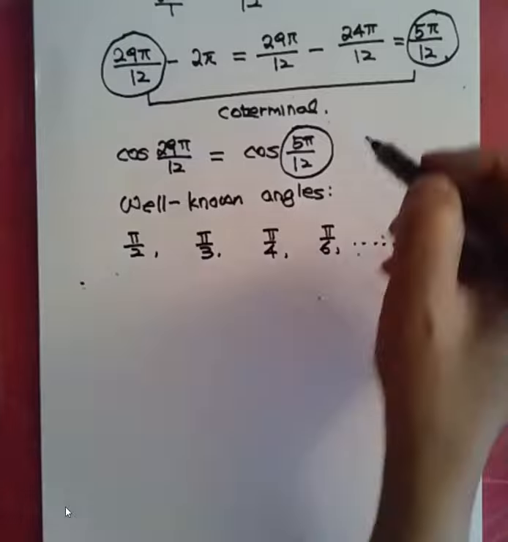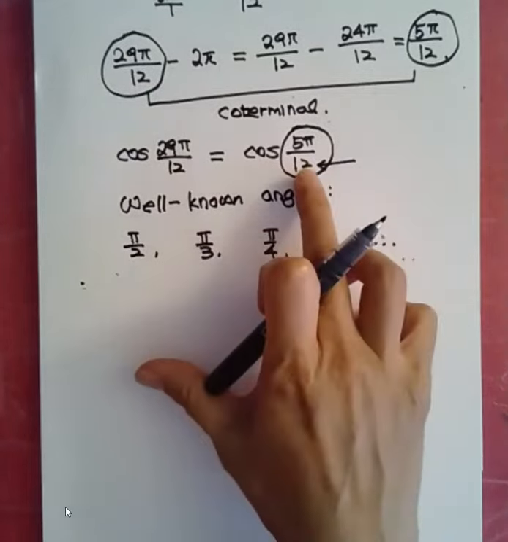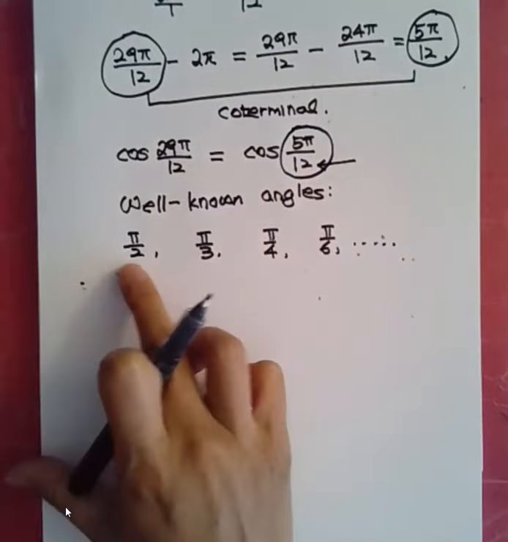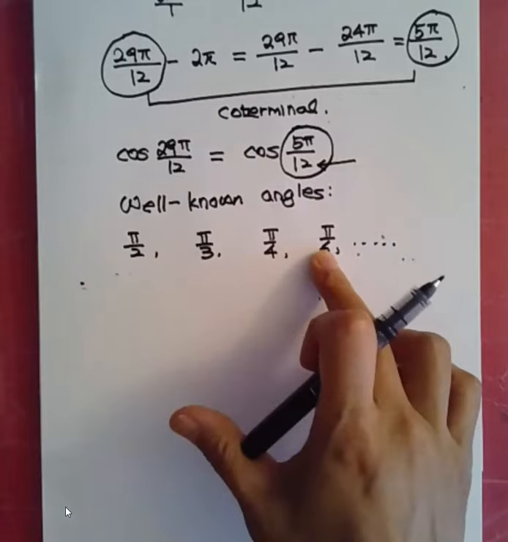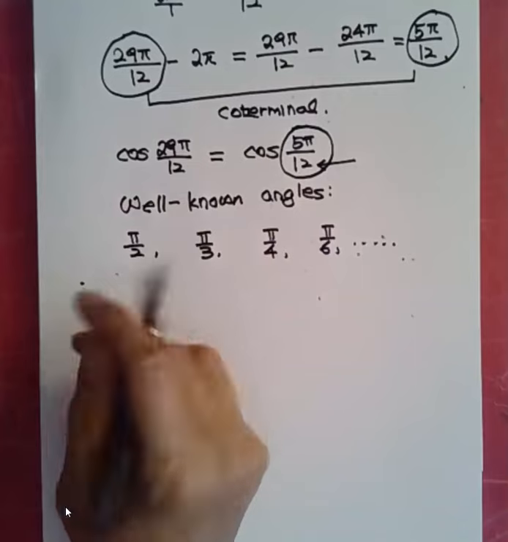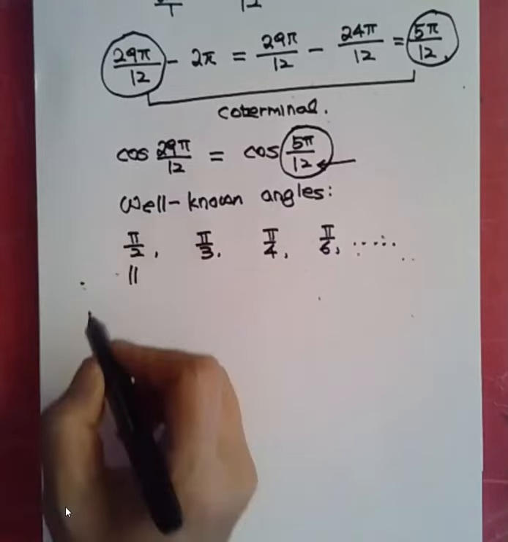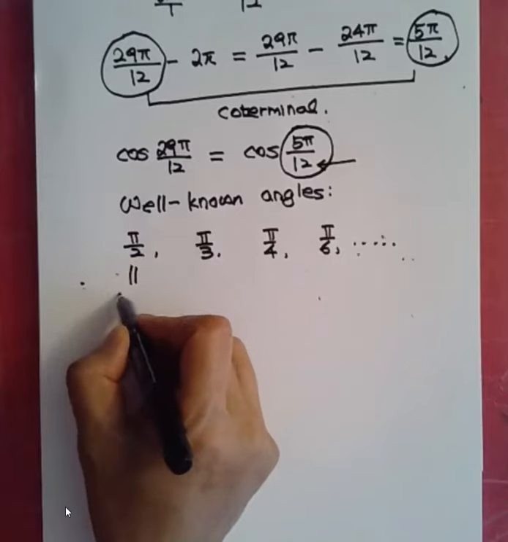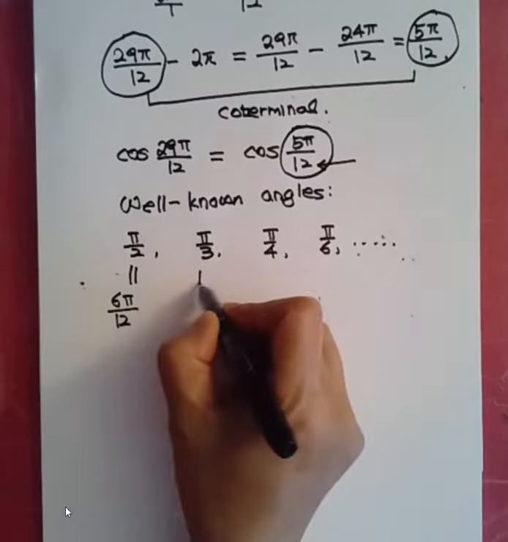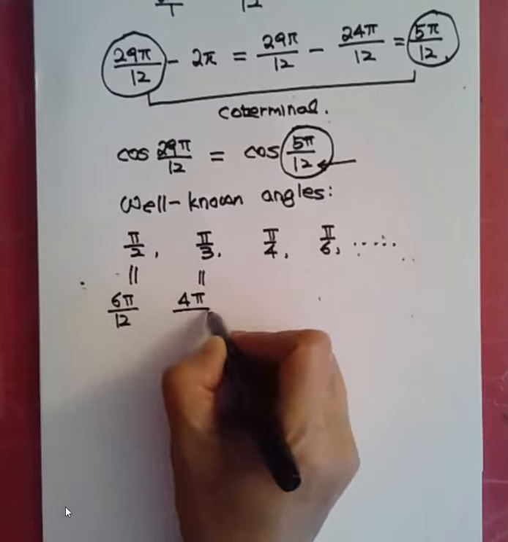And then when the denominator is given as 12, then you will think about the common denominator with all of these. The common denominator is 12, so we will convert the fraction into over 12. Then pi over 2 can be written as 6 pi over 12. Pi over 3 can be written as 4 pi over 12.